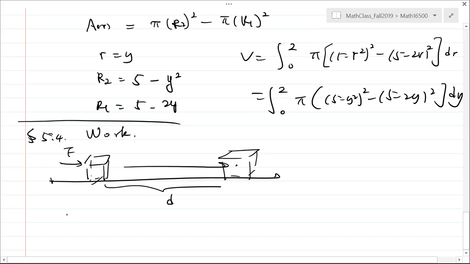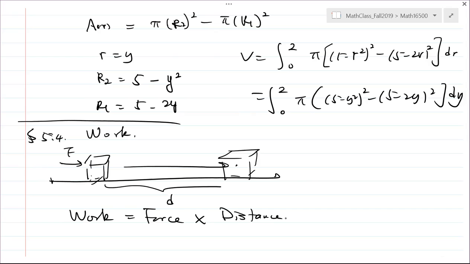Okay, so work is going to be force times distance, assuming the force is constant, just acting on the box. Suppose you're going to pay someone to do the job, just moving the box from one point to another point.